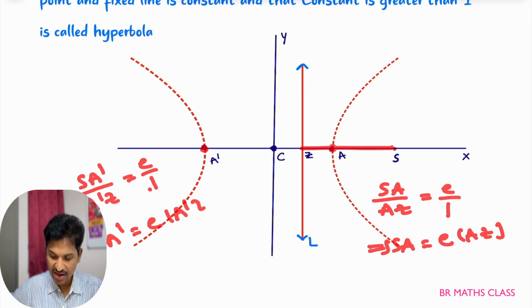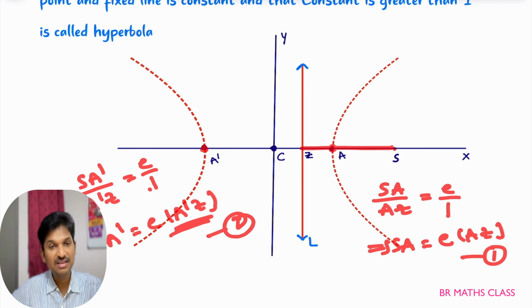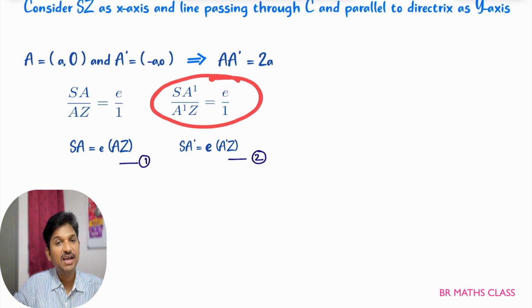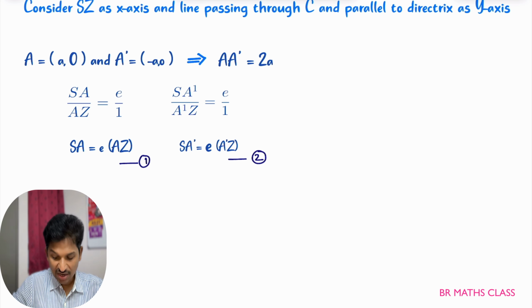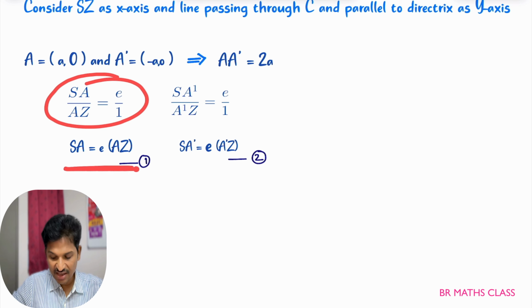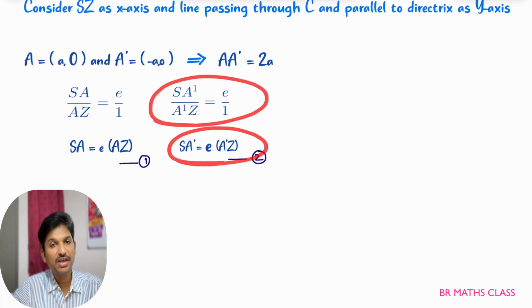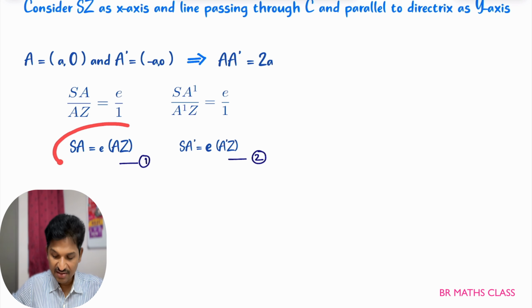E times A dash Z. I'll take this as equation 1 and this as equation 2.